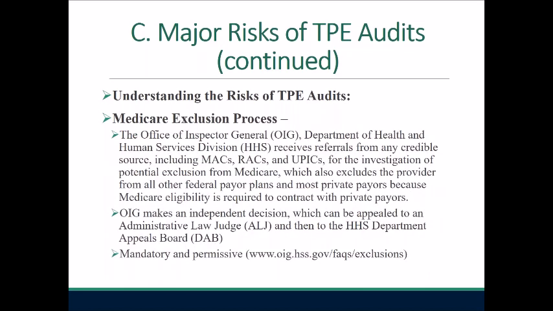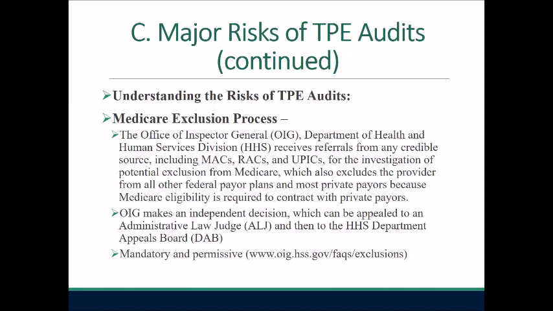Now, the next major risk is the exclusion process, where these are death of a career outcomes that we're going through here, unfortunately. So if you are referred to the OIG HHS division from some credible source, the regulation says, can be a MAC, can be a RAC, a UPIC, they can start the exclusion process on you, which obviously would prevent you from all other federal plans and most private plans because of the requirement to be in good standing with Medicare.